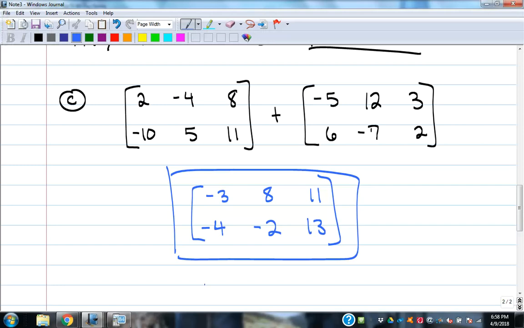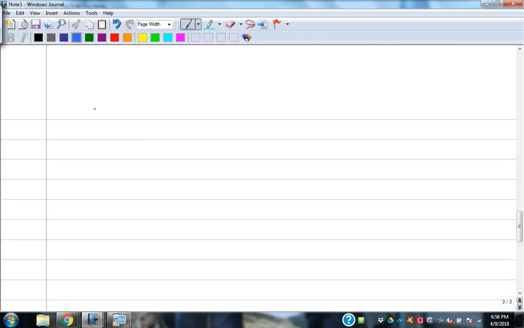All right. Now, next thing would be multiplying matrices. Multiplying matrices is not like addition or subtraction. It is not like regular multiplication either. Regular multiplication, if I said 2 times 3, I'd get 6, right?